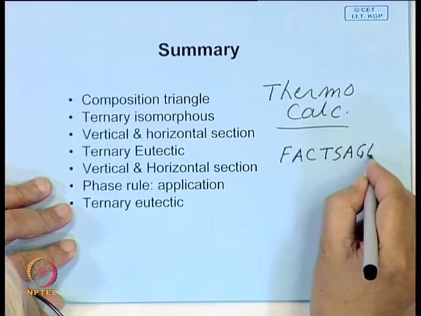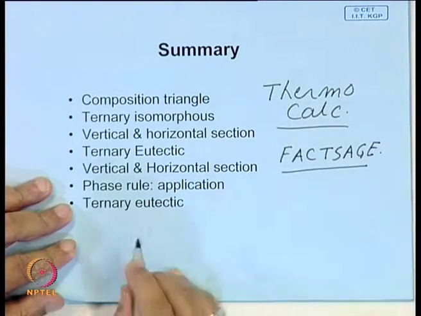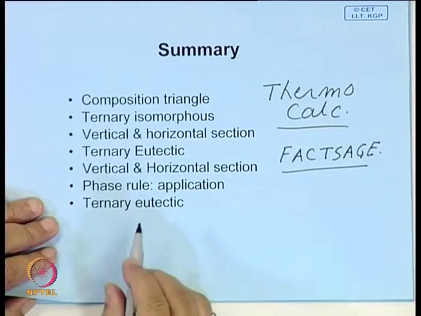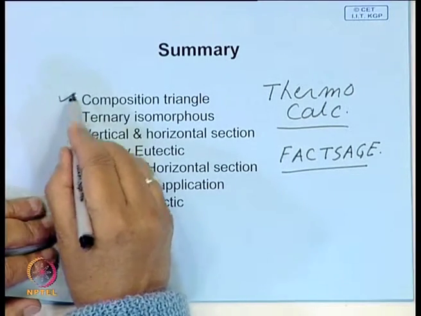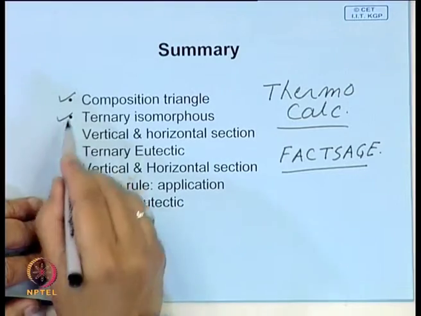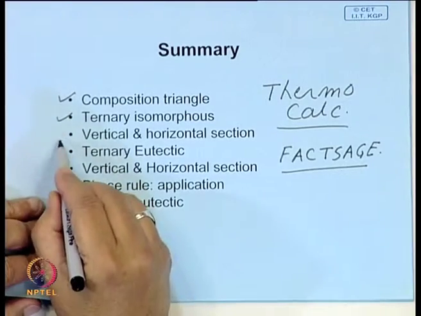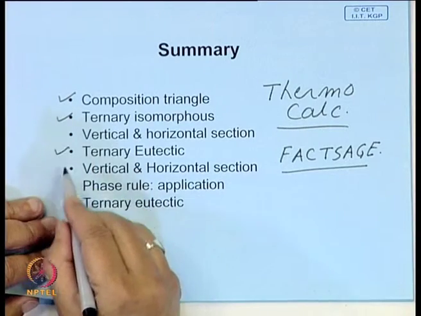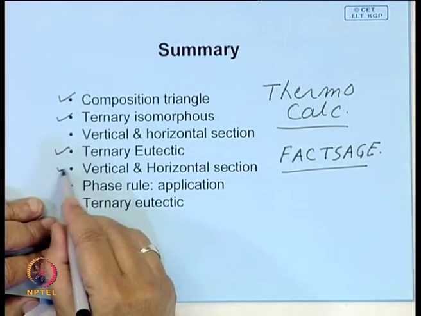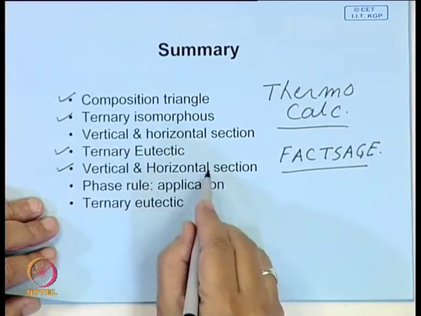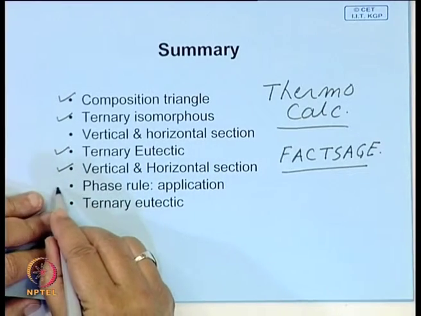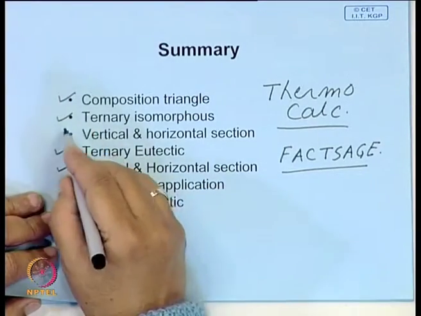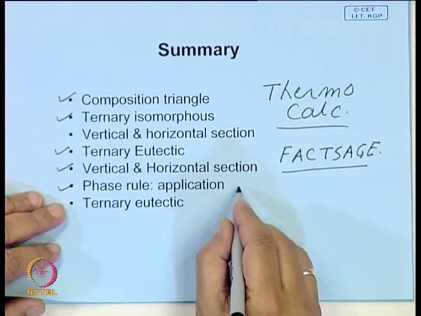In short, what we looked at today: we looked at the composition triangle, the ternary isomorphous diagram, and vertical and horizontal sections. We looked at the ternary eutectic and its several vertical and horizontal sections. We applied the phase rule to see whether it is applicable here.